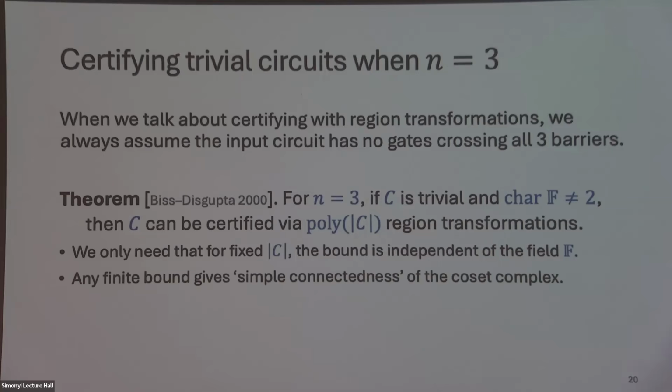And I should point out, related to what some people have said, that if you don't care about quantitative things, that this is a polynomial, and you are just interested in whether every trivial circuit can be certified by some number of transformations, I don't care how many, this is equivalent to something like the simple connectedness of the underlying coset complex.